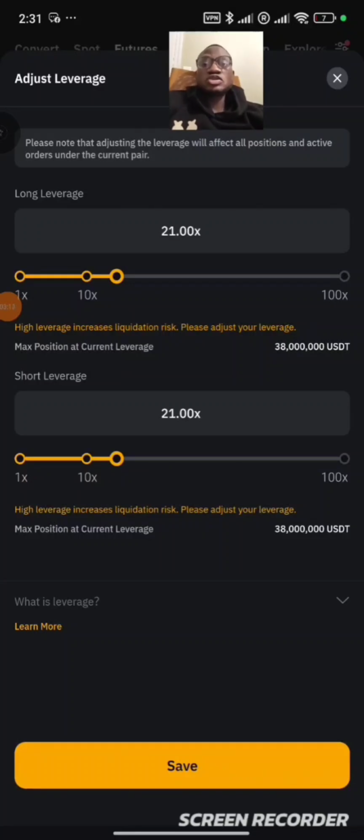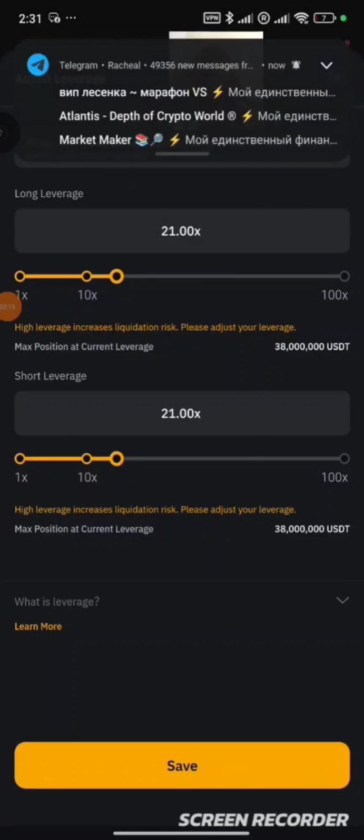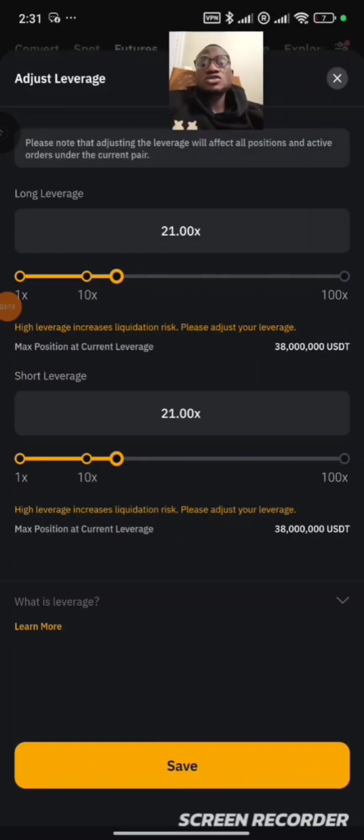So you have the position, you have the leverage, and you have the amount you are using to open that position. The lower the leverage, the lower the amount you are using to open the position. So don't over leverage yourself as a beginner. Put it in mind, you need proper risk management. Don't over leverage yourself until you become an expert in the field. That is when you can start using higher leverage.